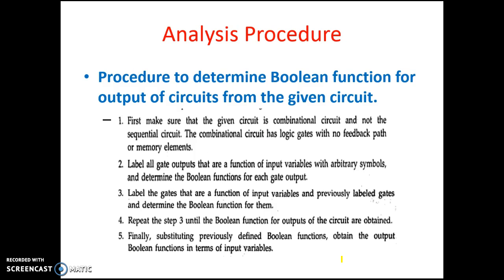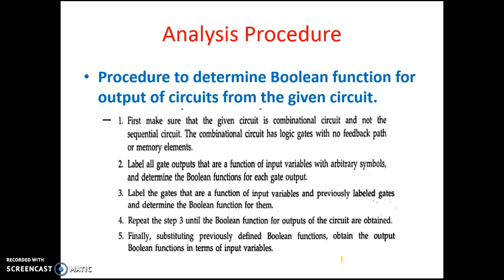This is the procedure to determine Boolean functions for the output of circuits from a given scenario. The first step is to make sure that the given circuit is a combinational circuit, not a sequential circuit.